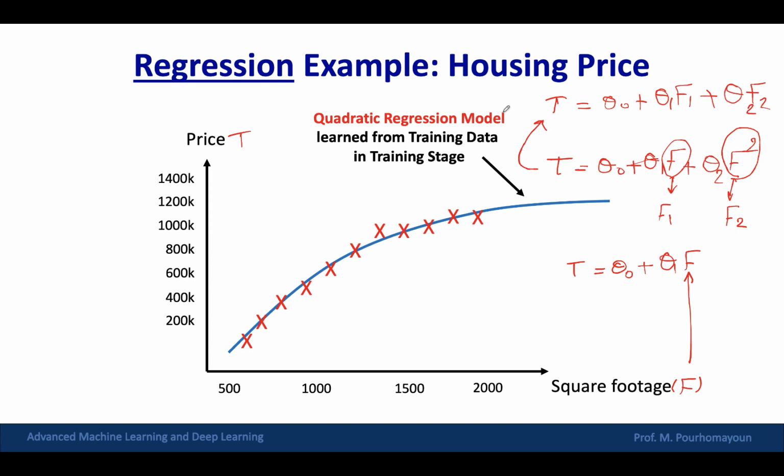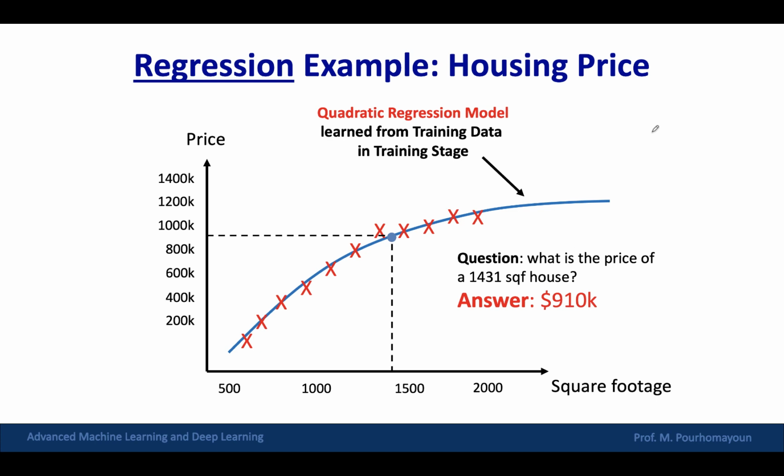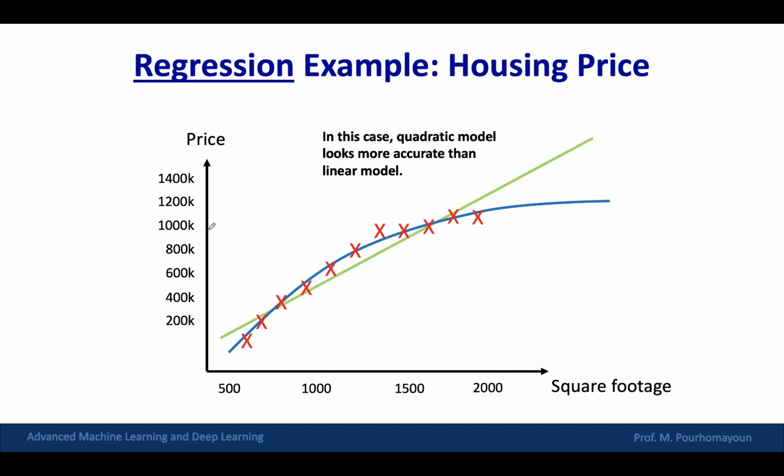So I trained this model using linear regression, but in fact the quadratic model, the square of this feature, is embedded inside this linear model. This is a very smart way to make a non-linear model. All right, so with this non-linear model, of course, we make a better prediction because it's a better fit to my data. And as you see on this data set, the blue one fits better.